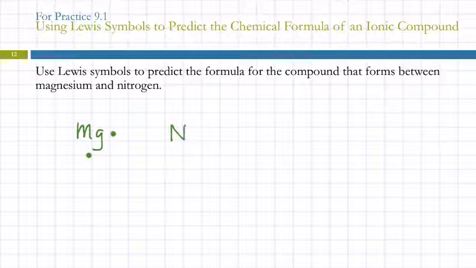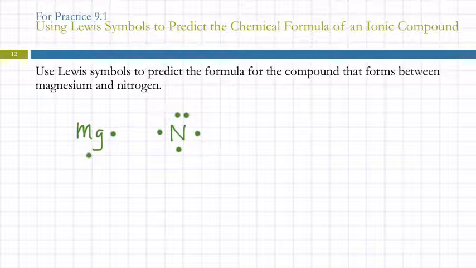How many valence electrons? 5. 1, 2, 3, 4, 5. Now, there's going to be one side that's got a pair. I could put that pair anywhere. It doesn't matter. Top, bottom, right, left, it doesn't matter. But for nitrogen, I should have 3 electrons that are not paired and 2 that are paired up. And I'll just draw them to be convenient.